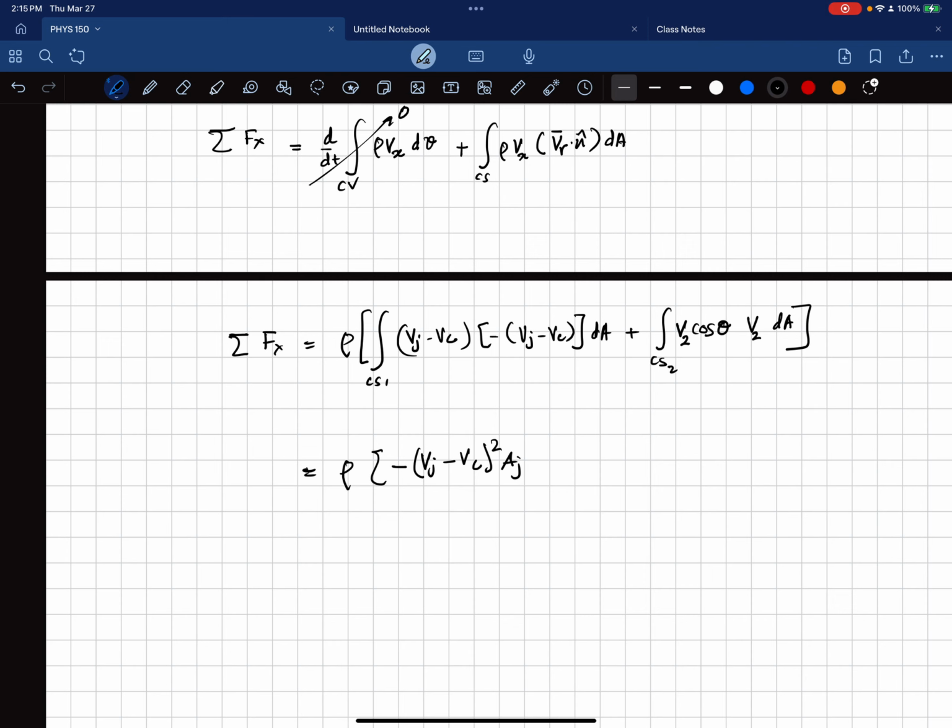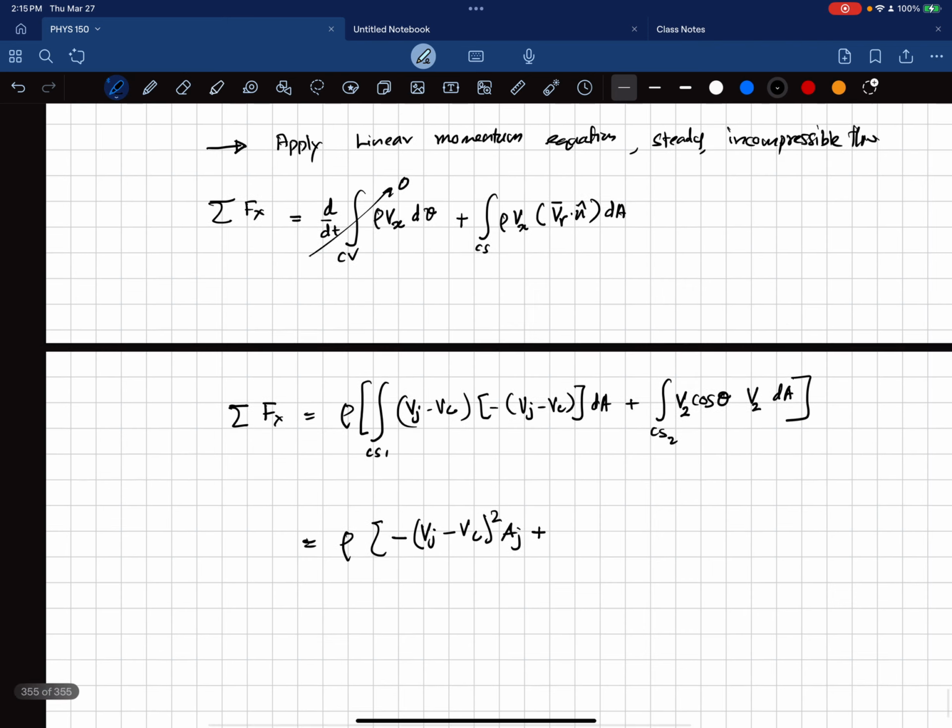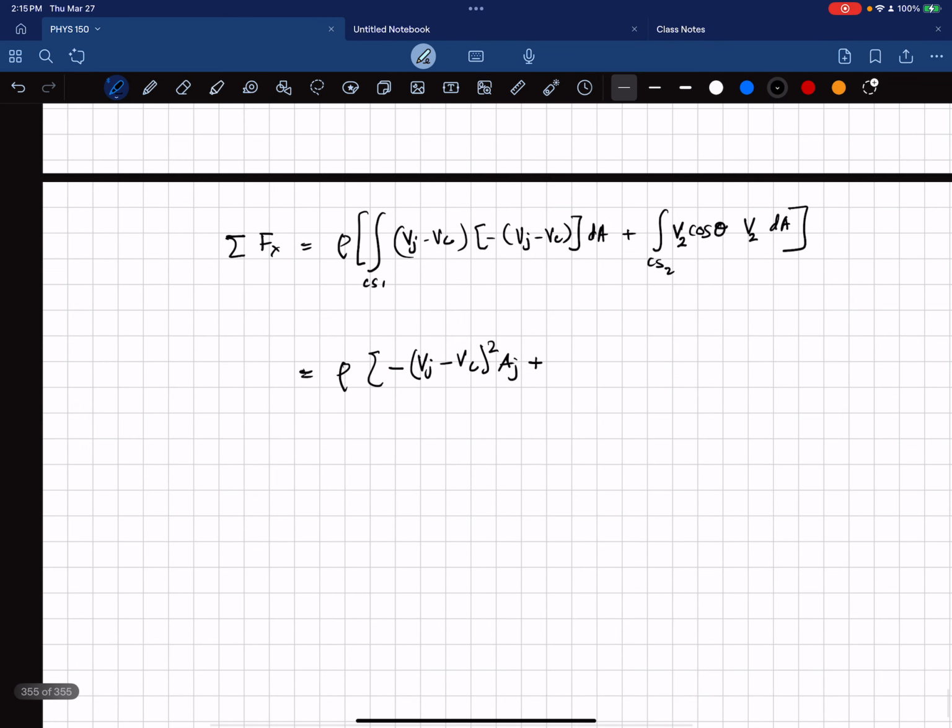And then you have positive V2, which is Vj minus Vc, so Vj minus Vc squared cosine theta, Aj, right? That's the final solution.